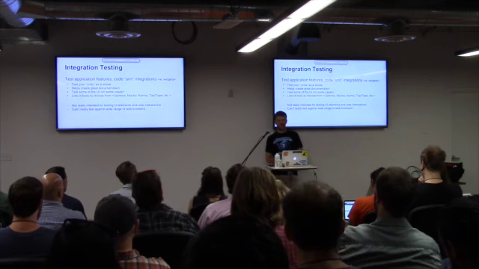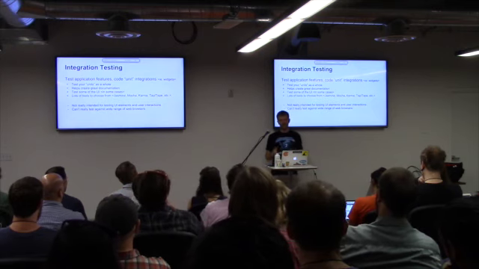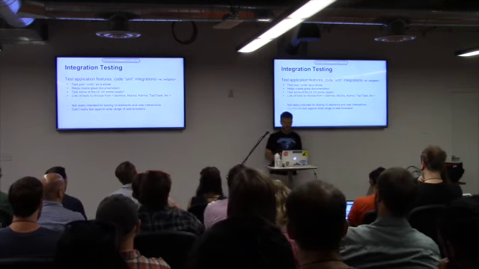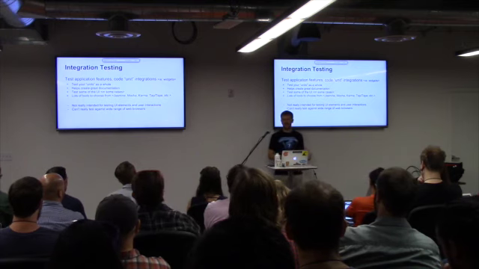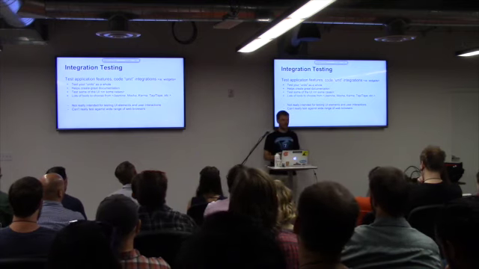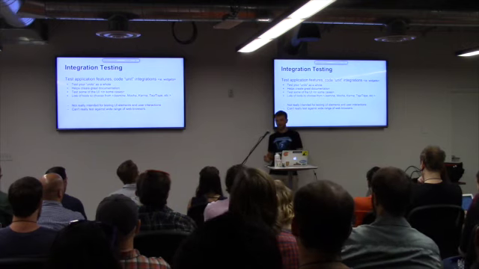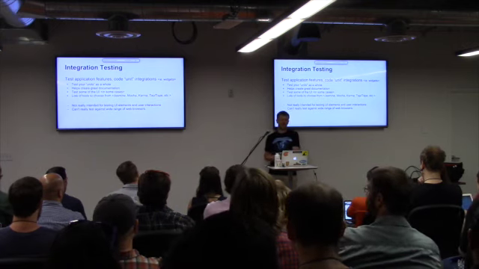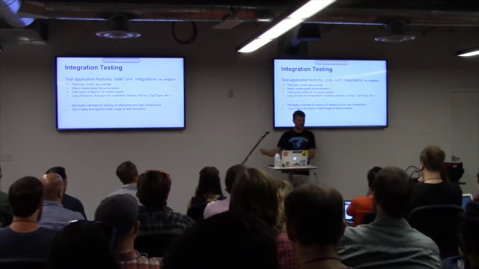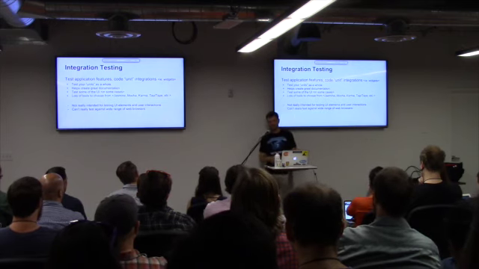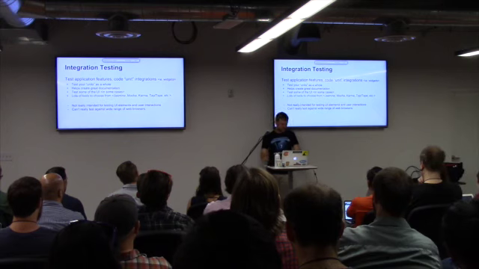Integration tests can fall into a gray area, in my opinion, where you can still test some of the UI, but they're not really intended to test the UI, right? Because you can run your integration tests in PhantomJS, which is headless WebKit, or SlimerJS, headless Gecko.